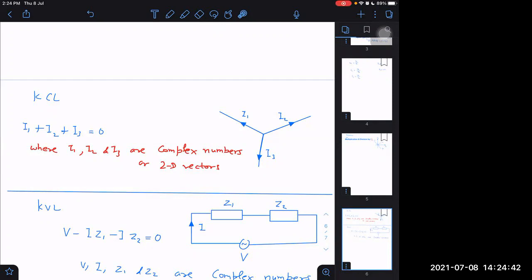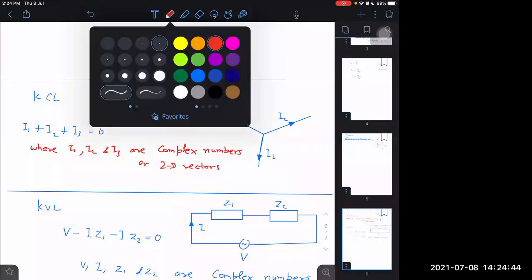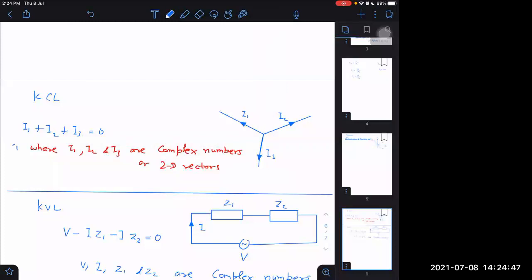Yes, sir. But one thing I want to stress here. I1, I2, and I3 are instantaneous. Wait a second.